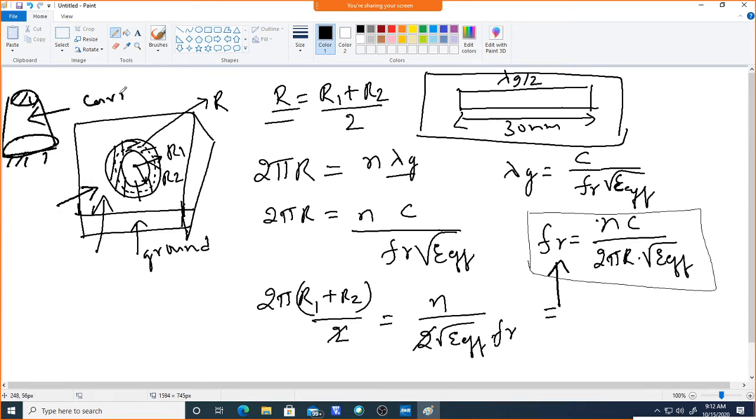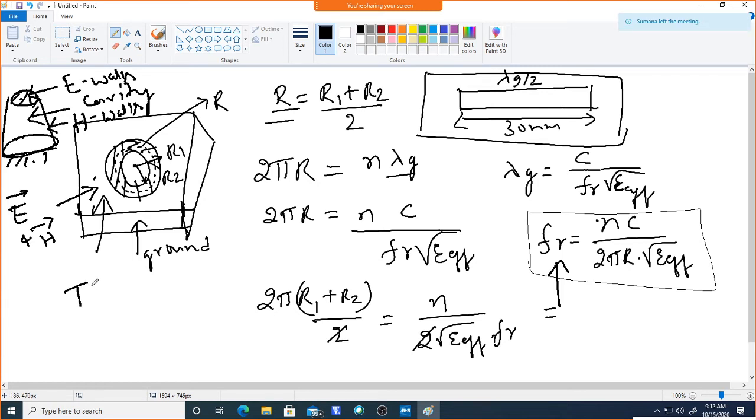The conductors will act as electric walls, and the side walls will act as magnetic walls. By using this cavity model, you can find out the electric field, magnetic field and the mode of propagation.